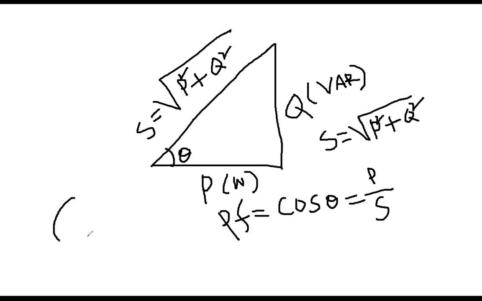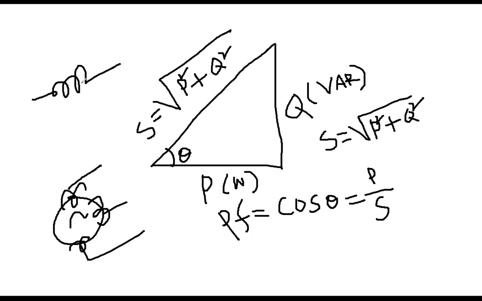Like you remember, I was telling you, for example, in a power plant, this is the three-phase system, but there are three-phase coils. From where you are generating voltage, you are getting the voltage from this coil. So what is a coil? Is it a resistor or a capacitor? It's an inductor, right? So if it's an inductor, this will cause the reactive power, QL.